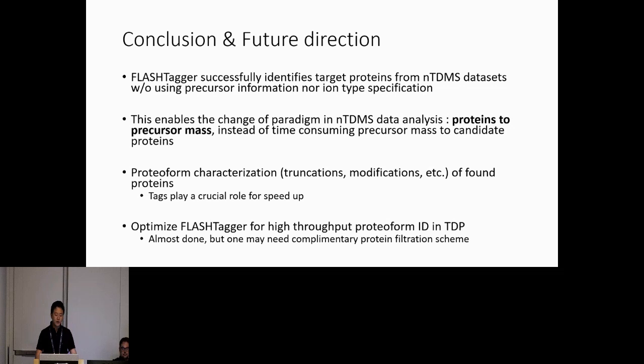We are also trying to optimize FLASHTagger for high throughput proteoform ID in regular top-down. It's almost done, but I think we need a complementary protein filtration scheme on top of the tagging.